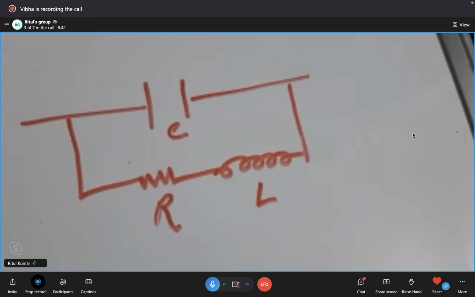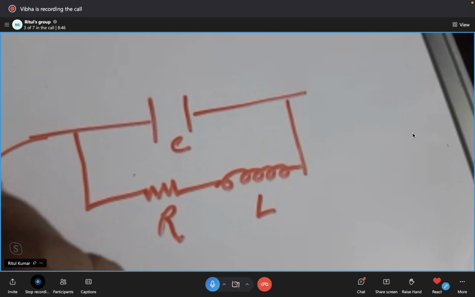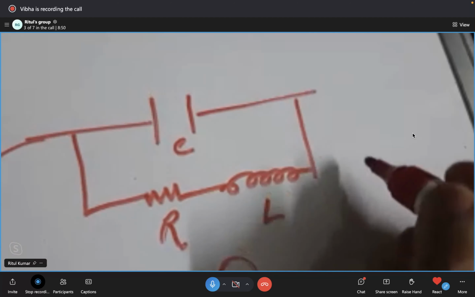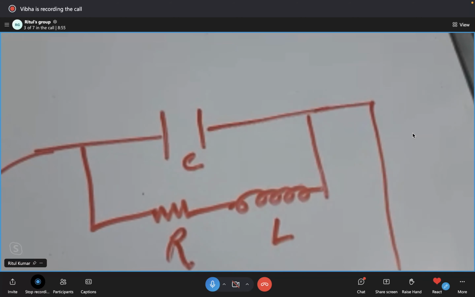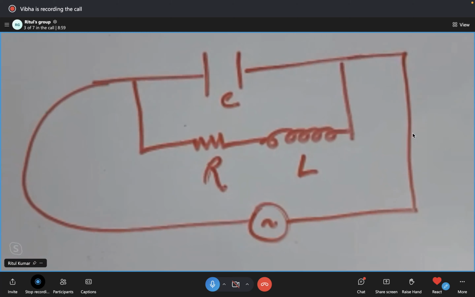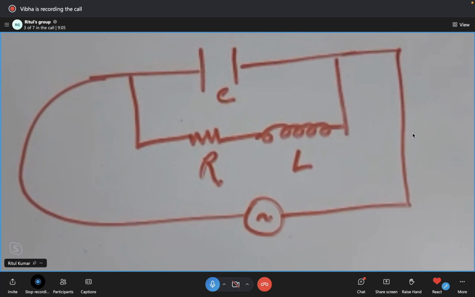Why do we have doubts related to parallel combination? The answer, I would say, is that we are not relating it mathematically. We'll be relating it mathematically, and when I say mathematically, I mean complex number representation. How do we go about it?